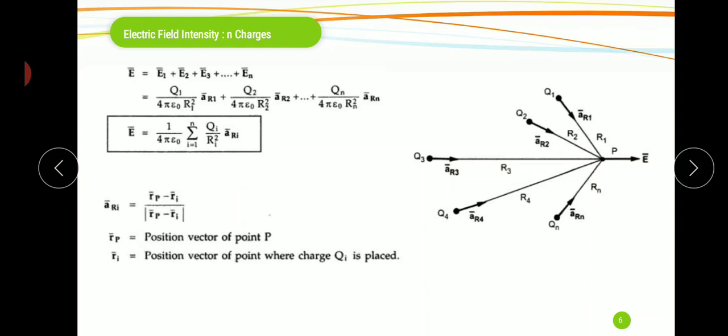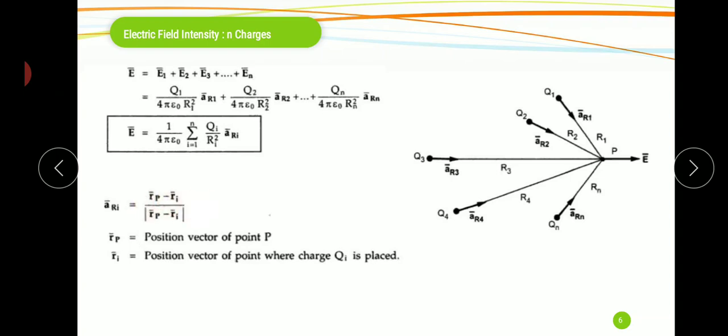Here a bar ri means the unit vector along the i direction. It may also be determined with the help of the resultant vector.